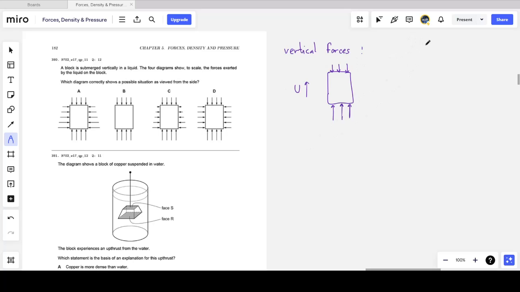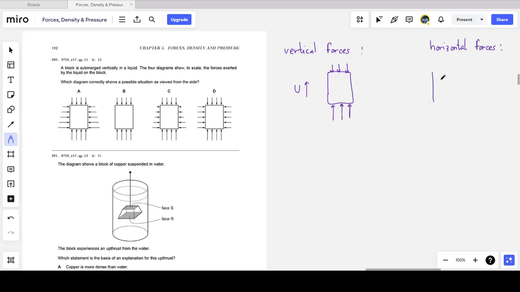But the horizontal forces, what do they look like? Now remember, the forces are due to the pressure of the water, and the pressure changes with the depth. So since there's a greater pressure lower down, there's a greater force, since the surface area will be the same.